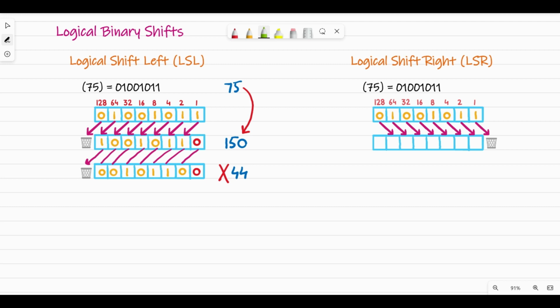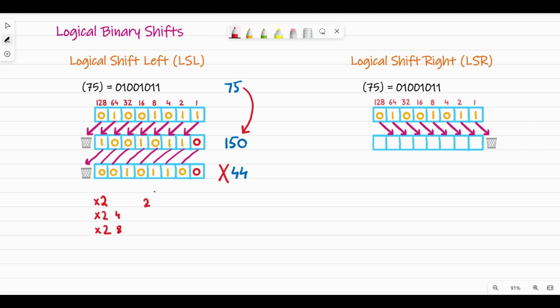So one logical left shift would be multiply by 2. Then again a logical left shift will have an effect of multiply by 2. Again multiply by 2, so we can also write it as 2, then 2 into 2, this will be 4, and then 4 twos are 8.